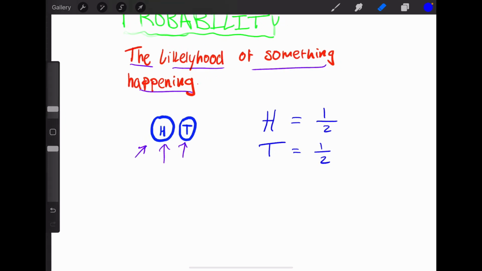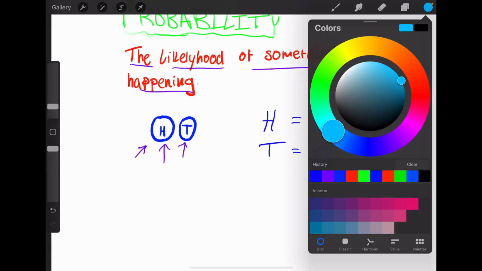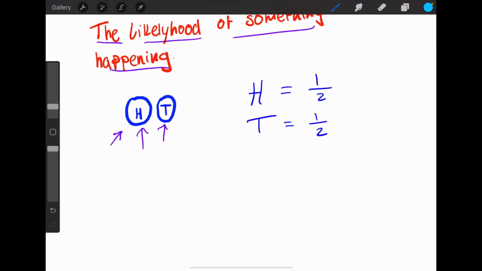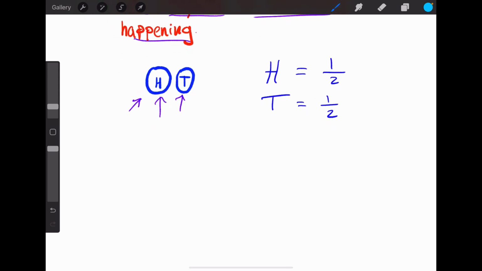Now let's look at something called the probability line. This is a good way of looking at how we number these probabilities, and we use 0 as something that is impossible to happen, so it just can't happen. Impossible.